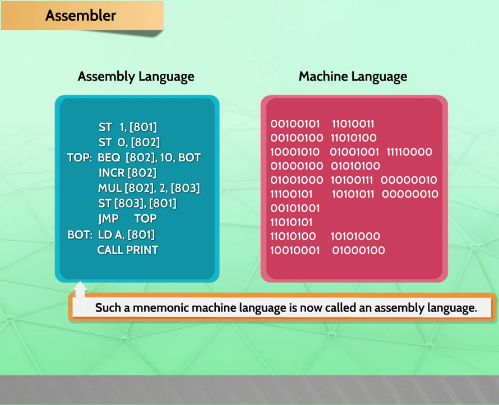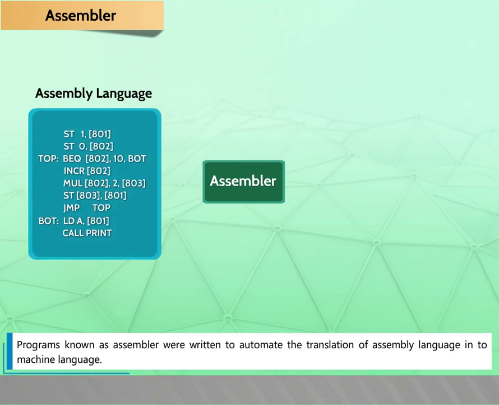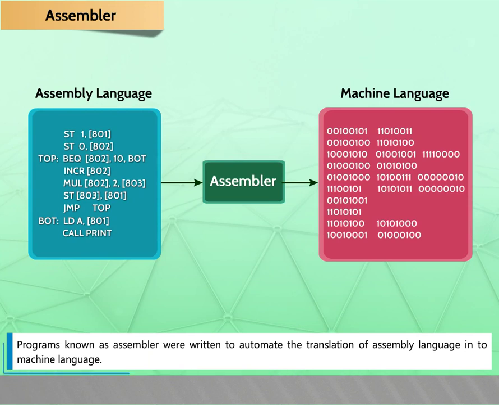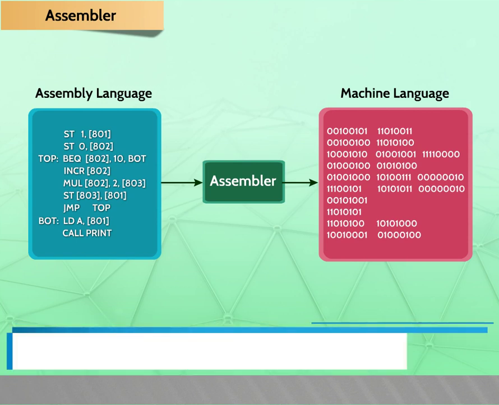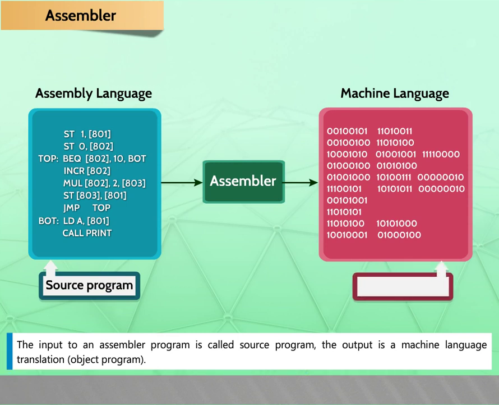Such a mnemonic machine language is now called an assembly language. Programs known as assemblers were written to automate the translation of assembly language into machine language. The input to an assembler program is called the source program. The output is the machine language translation, that is, the object program.